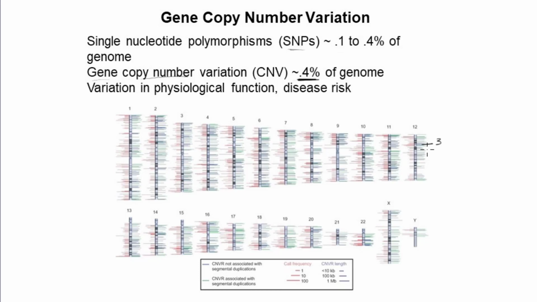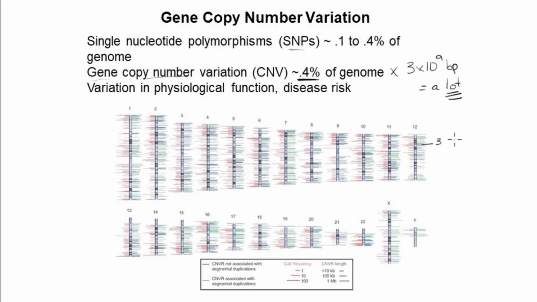And there are a number of human diseases that have been linked to this sort of copy number variation. It's been particularly well demonstrated in human cognitive disorders and psychiatric disorders, things like schizophrenia and autism, which seem to have a common underlying basis in developmental processes that go on in the central nervous system. 0.4% might not sound like a whole lot of DNA, but remember that the human genome contains 3 times 10 to the 9th base pairs, so 0.4% of 3 billion base pairs of DNA is a significant amount of variation.